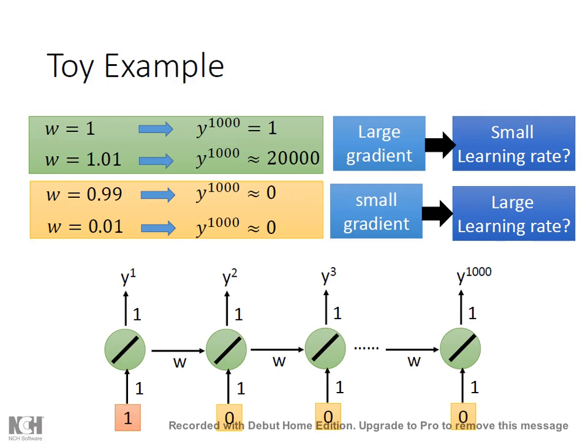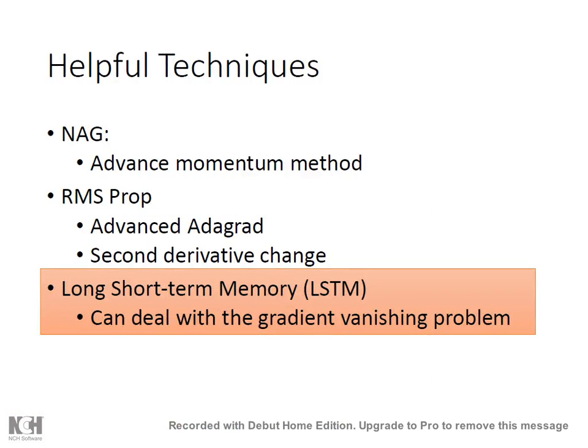Okay, so you see, if your input sequence is 1,000 long, after 1,000 steps your weight will have such a problem. It's not very easy to adjust it just by the adaptive gradient. So there are some remedies.